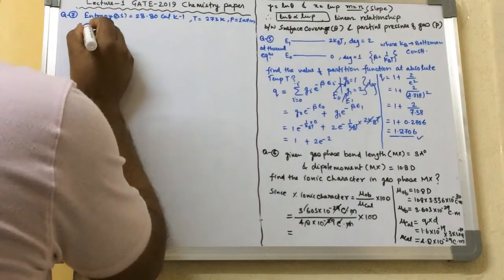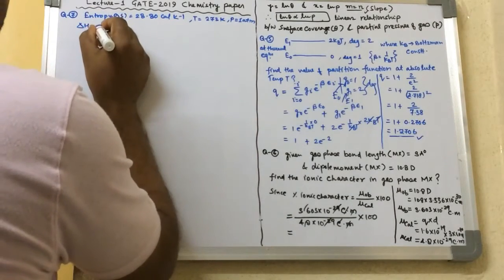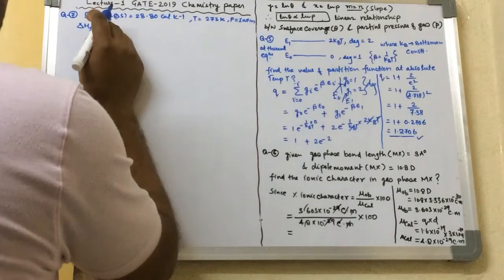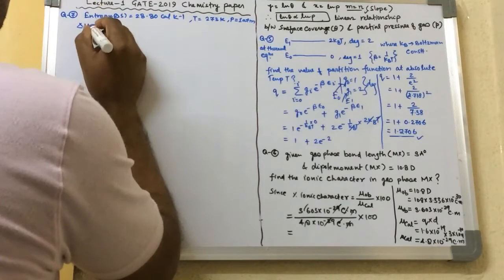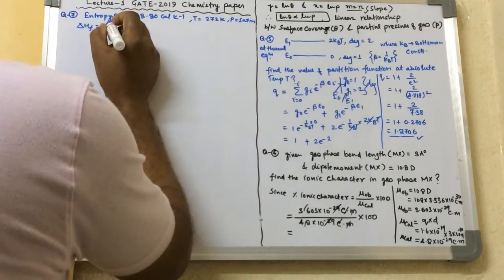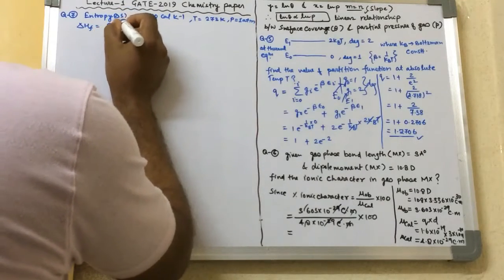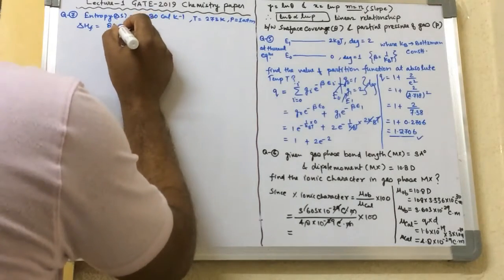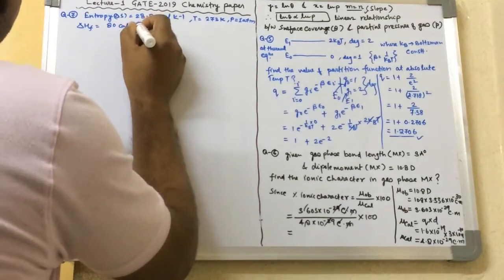Delta H fusion is given as 80 calorie per gram.